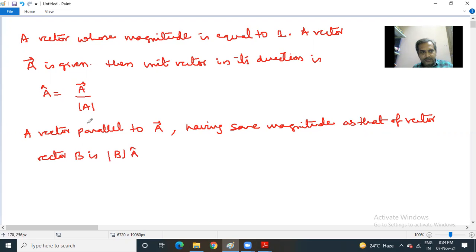So A cap means you have to once again write mod of B. A cap is A bar by mod A bar. So based on this, now let me explain the question.